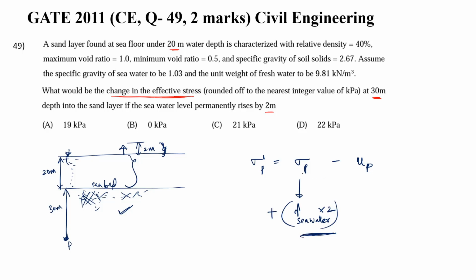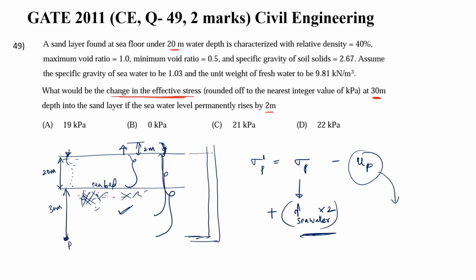So total stress is increased by this much, because the remaining things are the same as before the increment. Now, how much will the pore water pressure increase? If you put a tube, before the increment the pore water pressure is up to here.